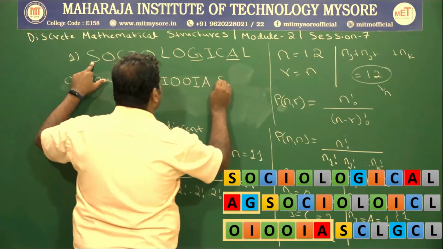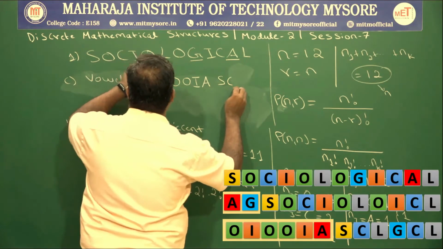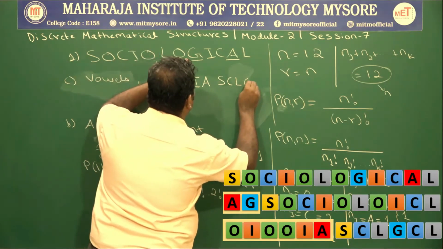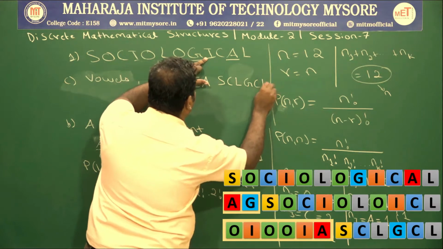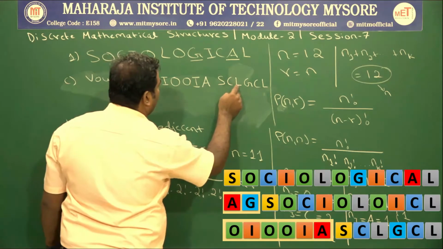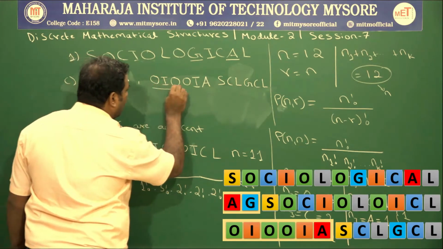Fine. So now just write the remaining letters. S, O is done. S, C, I is done, O is done, L, O is done, G, I is done. So C and L. Let me count first: 1, 2, 3, 4, 5, 6, 7, 8, 9, 10, 11, 12. Fine. So these are the vowels which should be together.